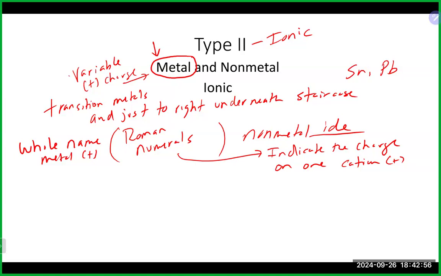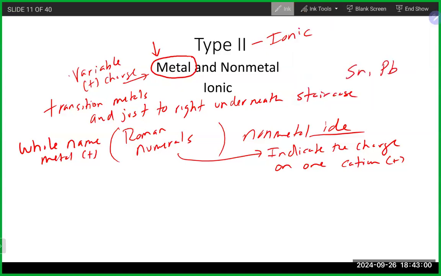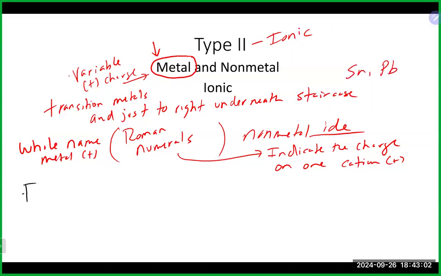So, for example, if we had our friend here, FeCl2, we see iron, which is a metal, chlorine, which is a nonmetal, which tells us it is ionic. Once again, the metal is the most important guy, and we do see iron dead center in the transition metal region. And that should automatically tell you probably a variable type of charge.